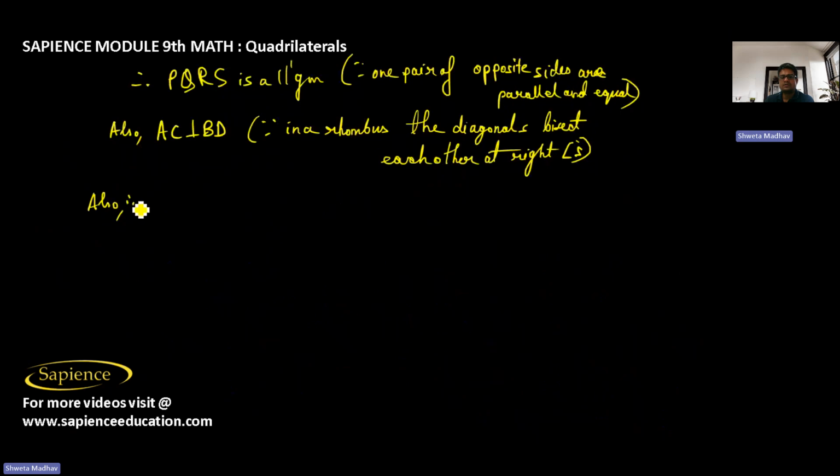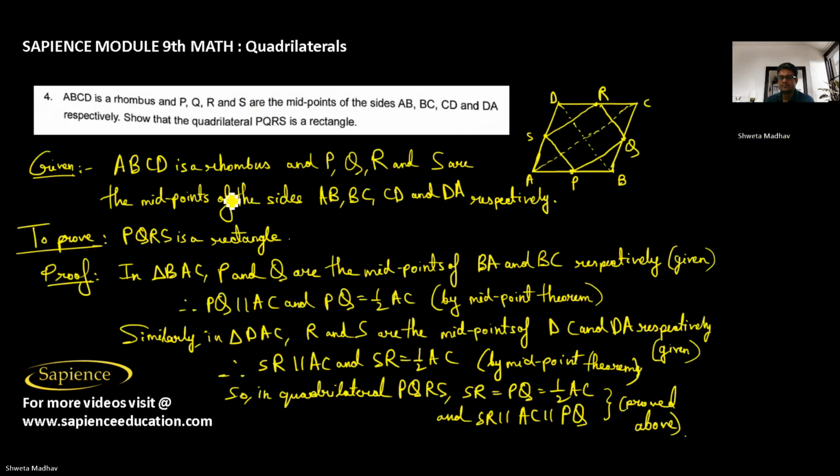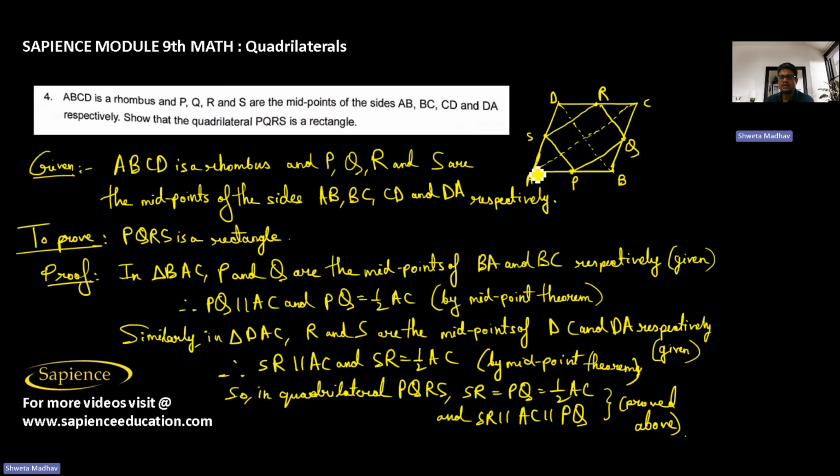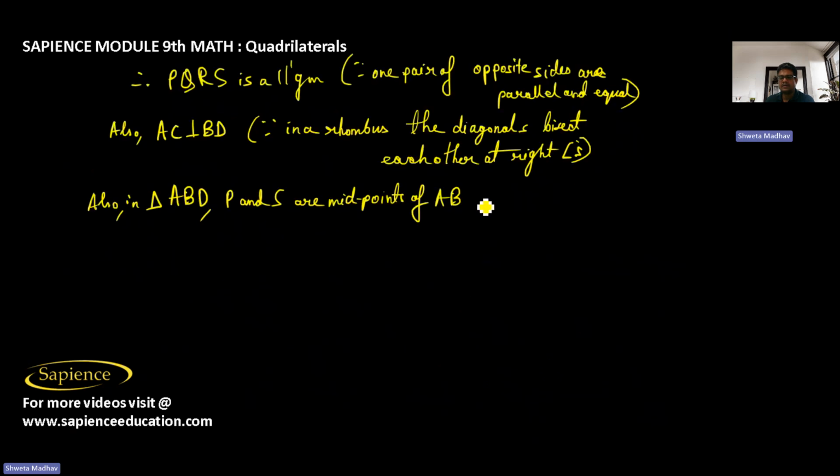Also, in triangle ABD, P and S are the midpoints of the sides AB and AD respectively.